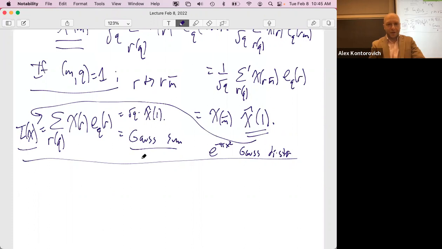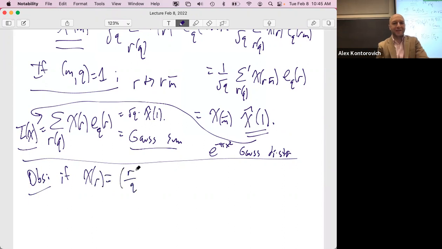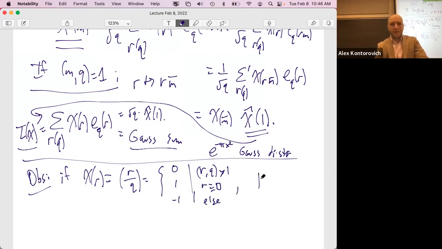So what's this summing over x squared? What does that have to do with this sum? This is just an aside observation, maybe a historical one. If chi of r is the Legendre symbol, which I remind you is 0 if r and q have a factor in common, 1 if r is a square mod q, and -1 if not, then what is this Gauss sum?